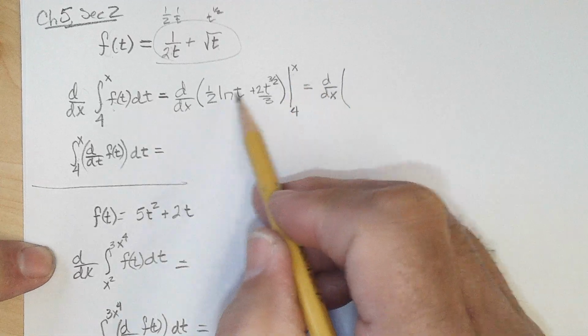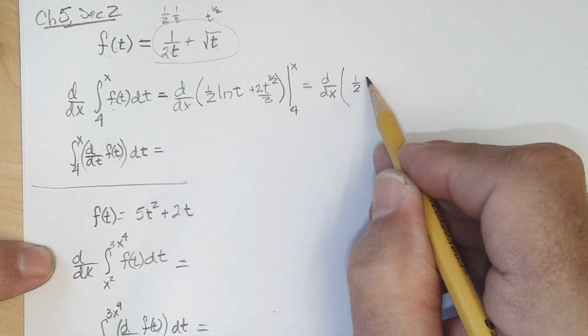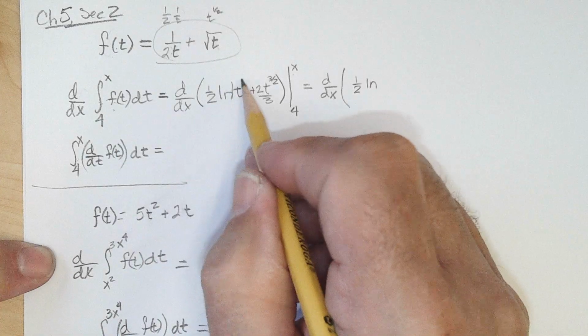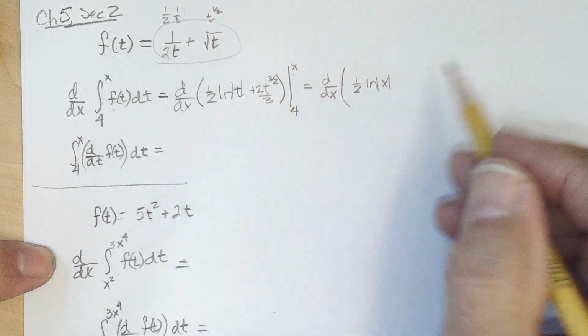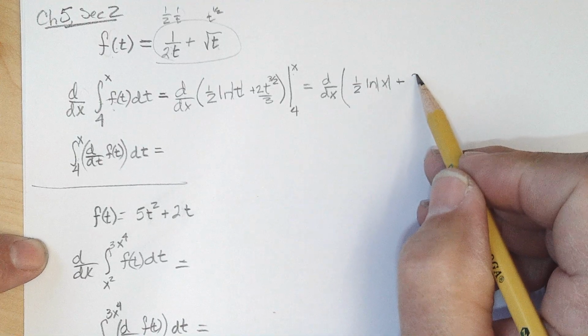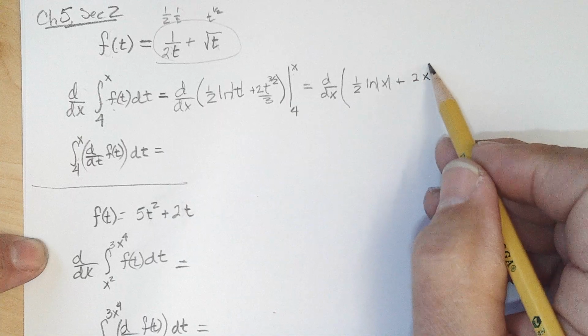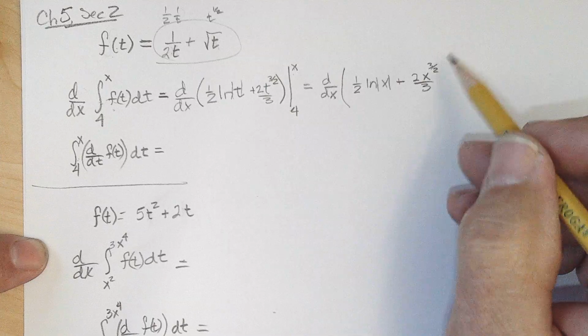And so we put x in for the t's, and we get 1 half ln, this should have been of the absolute value of x, because we're putting x in for the t, plus 2x to the 3 halves over 3.